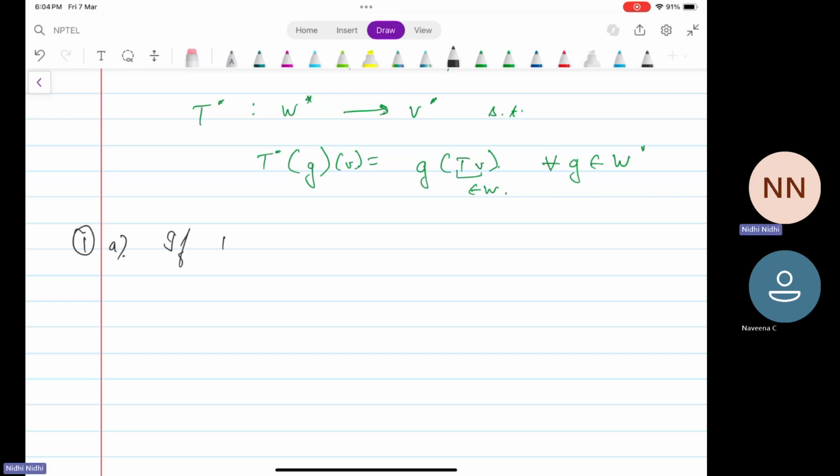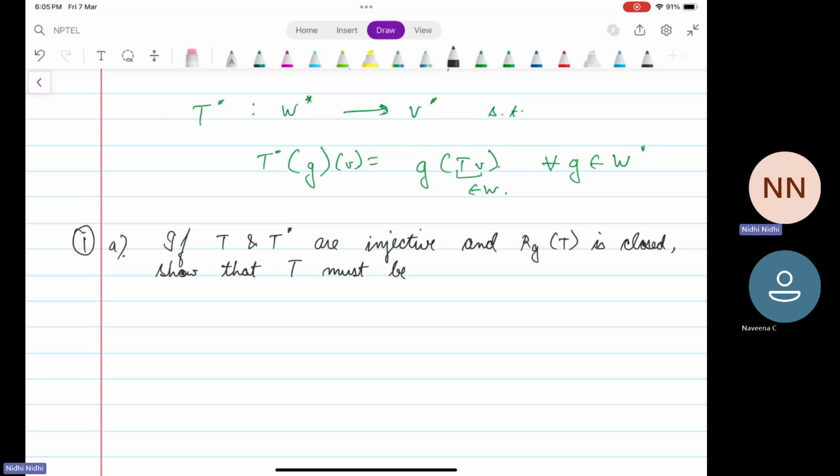If T and T star are injective, that means one-to-one map, and range T is closed, show that T must be invertible.